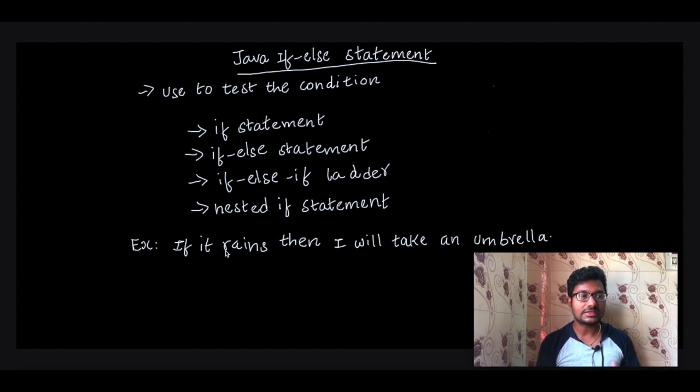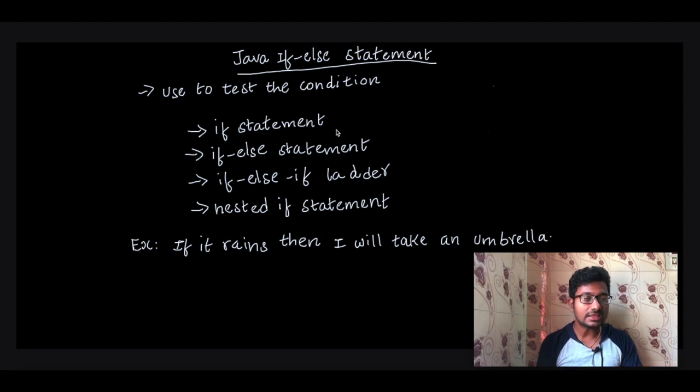So here, if it rains is a condition. Only if the condition is satisfied, I will do some work. If it doesn't rain, then I won't do any other work. So based on some condition, we are trying to operate some other function.